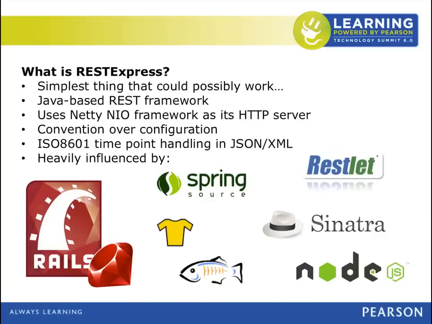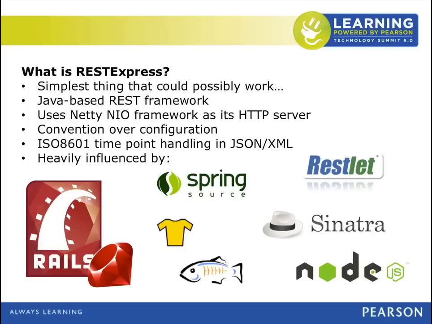RESTExpress is written on top of Netty, which is a Java-based non-blocking I/O framework. So it's actually a thin veneer on top of Netty. It uses the HTTP codecs that Netty provides, and basically is just a URL routing service on top of that. But then we plugged in the ISO 8601 time point handling for JSON and XML, and marshalling for JSON and XML.